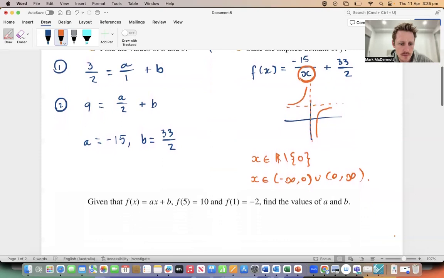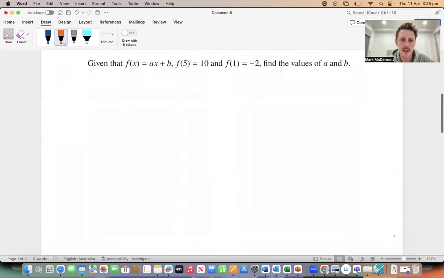Okay, next one. Given that f of x equals a x plus b and f of 5 equals 10 and f of 1 equals negative 2, find the values of a and b. Okay, so again, when x is 5, so a times 5 plus b equals 10. That's equation 1.